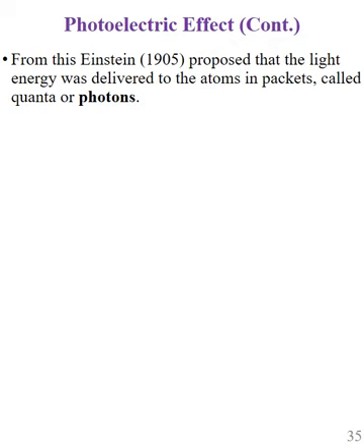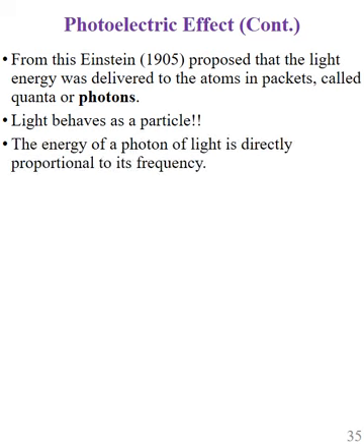So from this, Einstein proposed that the light energy was delivered to the atoms in packets, and this was called quanta or photons. This was revolutionary at the time because they said, hey, look, light behaves as a particle. On an essay question or something like that, if I asked you why the photoelectric effect was important, it's because light behaves as a particle.